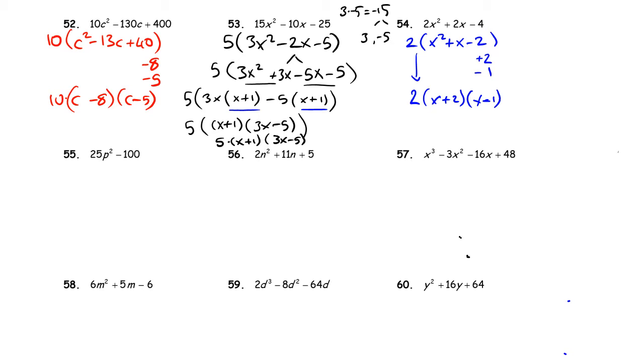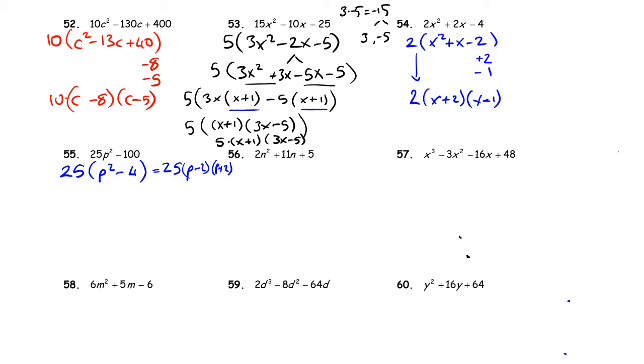Here's question 55. Factor out the greatest common factor. It turns out that we have an easy style question. Also, this is a difference of two squares. If you can remember difference of two squares, you should know that this will be equal to 25 times p minus 2 and p plus 2.